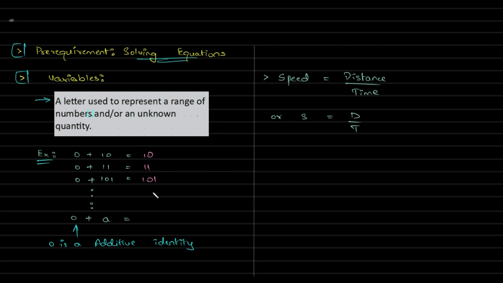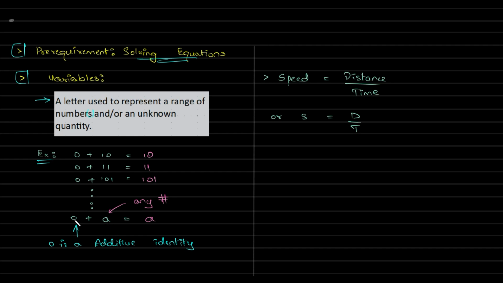When we look at the pattern, that's the conclusion. So how do we represent that 0 plus anything? See, the word anything is replaced by a, and we have a as the answer, right? This is nothing but anything, any number. To be more specific, any number is represented by a.